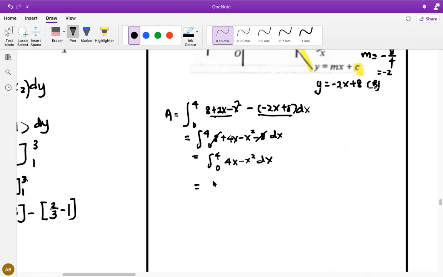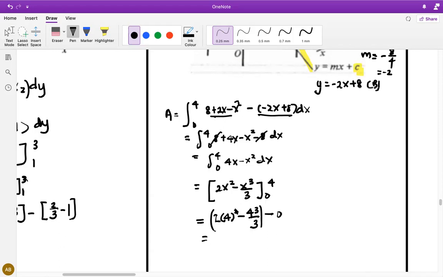And then you can integrate. So you get 2x squared minus x cubed over 3 from 0 to 4. Okay, so if you substitute it, it will be 2 times 4 squared minus 4 cubed divided by 3, and then minus 0, because when you substitute 0 in, you get 0.